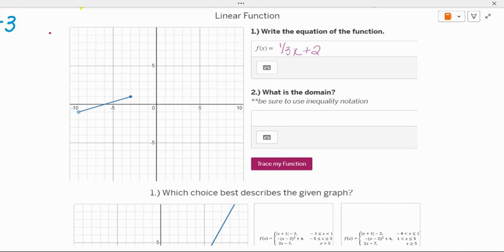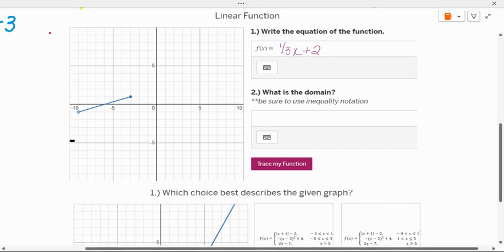Our domain is going to be, think about it in terms of a number line. We're going to have an open circle here and a closed circle here. And we're talking about the space in between. So remember that this is an "and" function. When I look at the smallest x value, I see that it's at -10.